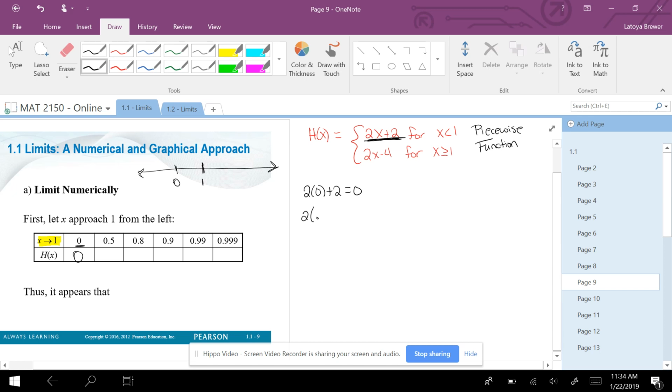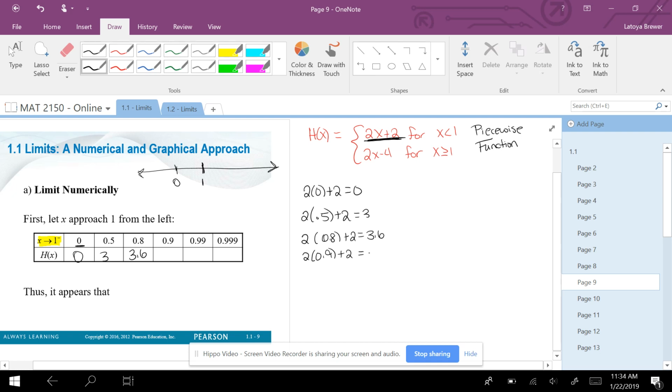I have 2 times 0.5 plus 2, which gives me 3. Then I have 2 times 0.8 plus 2. That's going to give me 3.6. And we're going to do that for each one of these values.